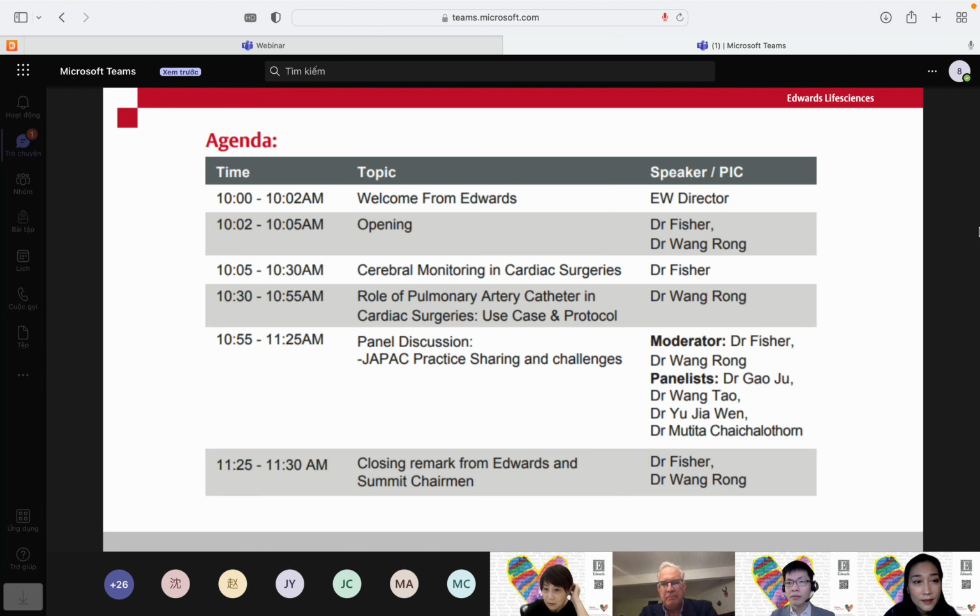This is today's agenda. At the beginning, our two moderators will share their expertise on optimizing oxygenation and cardiac output by using cerebral oximetry and advanced hemodynamic monitoring implementation. After their presentations, we will have a panel discussion, where the panelists will briefly introduce their institution's practice, followed by an interactive group discussion.